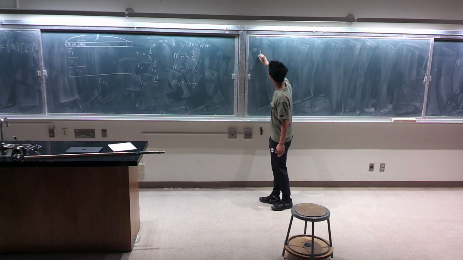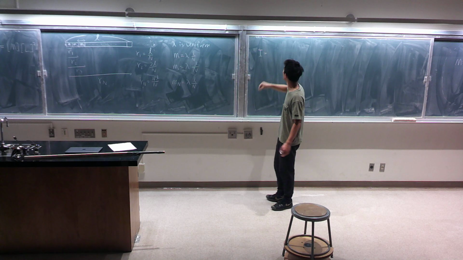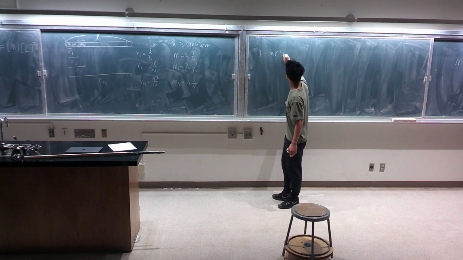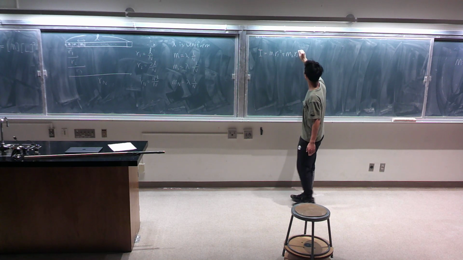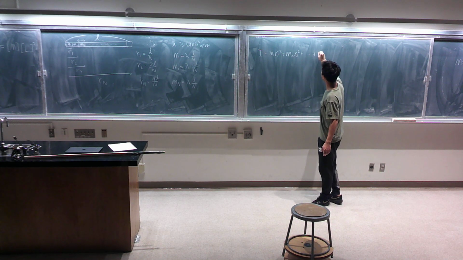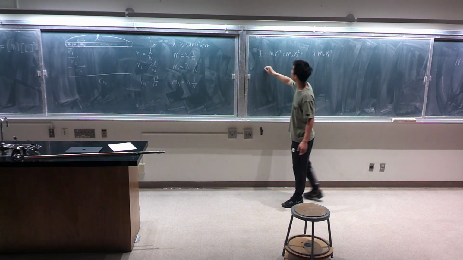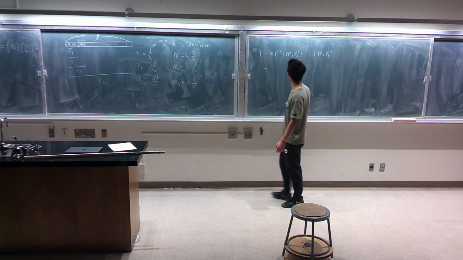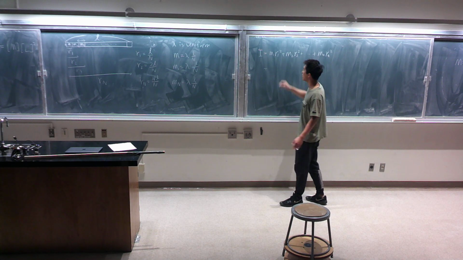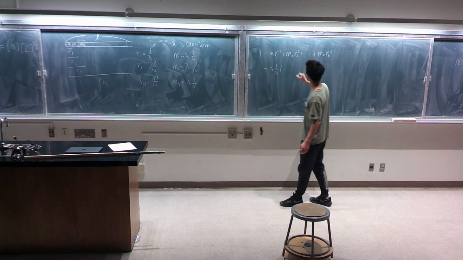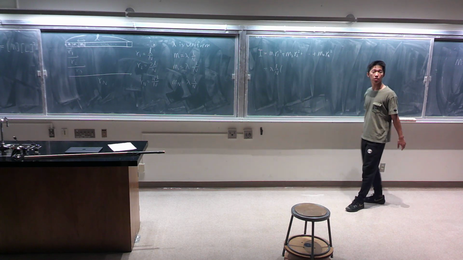So the moment of inertia of this rod will be m1 r1 squared plus m2 r2 squared, all the way to the nth particle, and m1, m2, m3, all the way to mn is going to be lambda L over n. So I'm going to take it out of the parentheses. Okay?